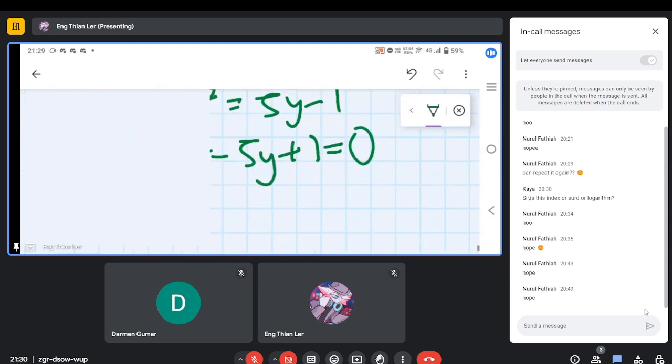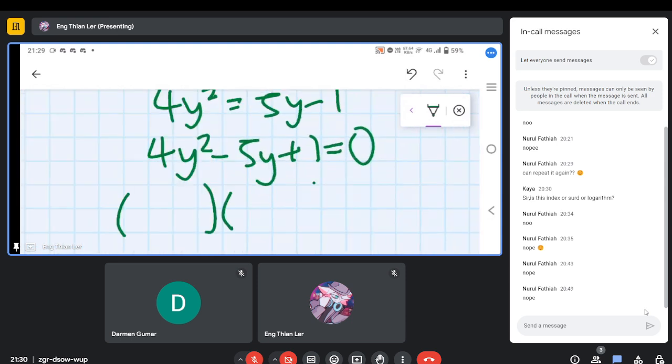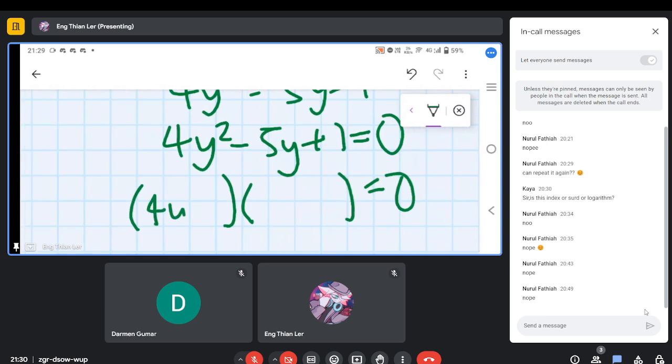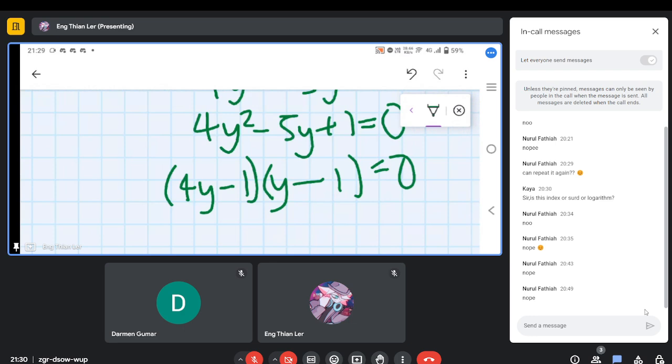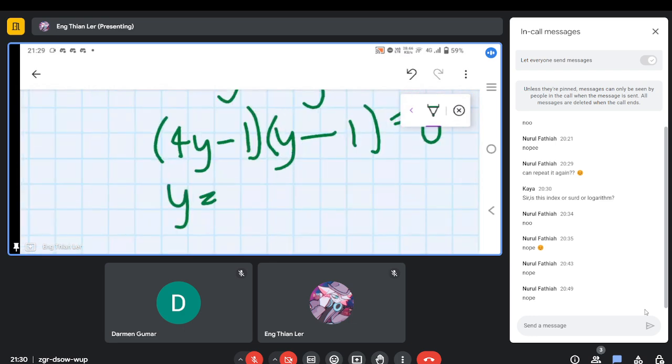Okay, now we solve for y. So y equal to 1 over 4, y equal to 1. But this is not the end yet.